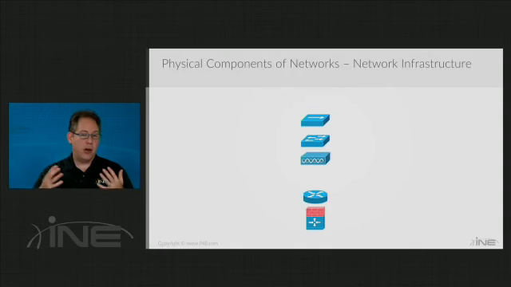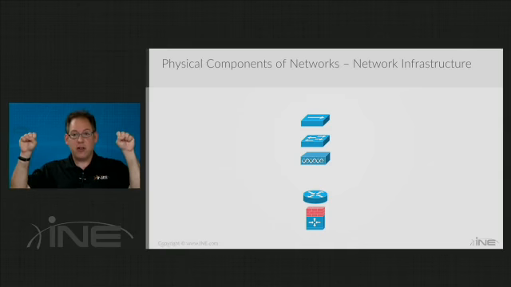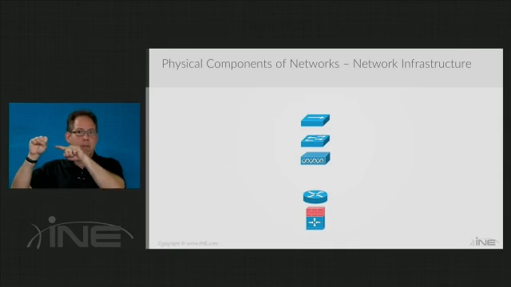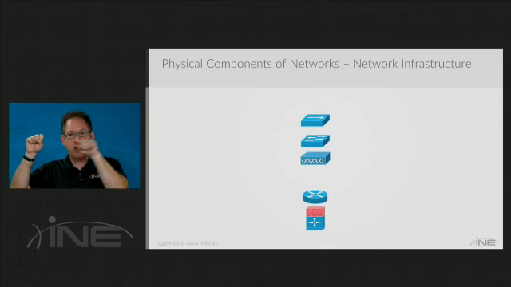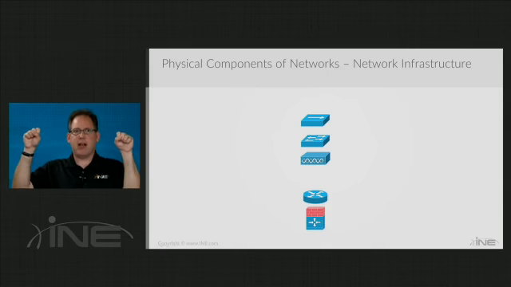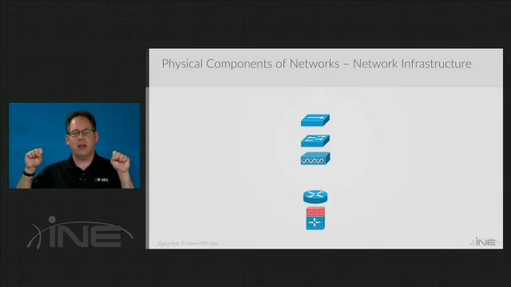Now, technically speaking, to have a network, all you really need are two hosts with some sort of network media in between. For example, I could have two hosts with wired Ethernet network interface cards with a single cable between them, and I've got a network. You don't need switches. You don't need routers and hubs to have a network. A network is simply the bare minimum that you need to get these hosts to communicate.